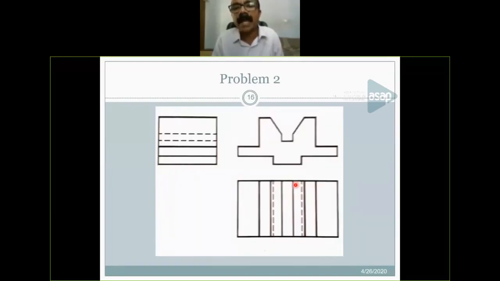And the hidden lines also you can plot. Visible edges. Hidden lines means invisible edges. That also you can plot. So this hidden line represents this portion. See, in the elevation, at the bottom of the elevation you can see this part. So corresponding to this part, you have to plot the hidden lines in the plan.